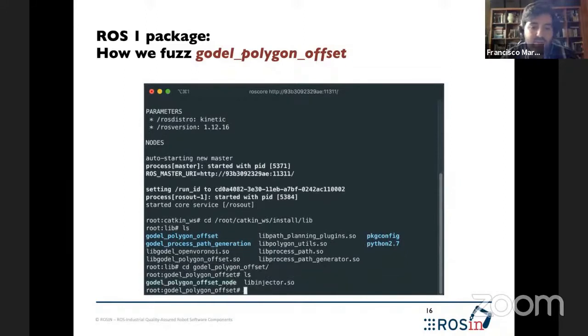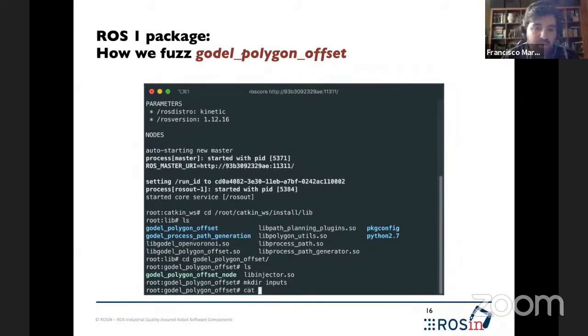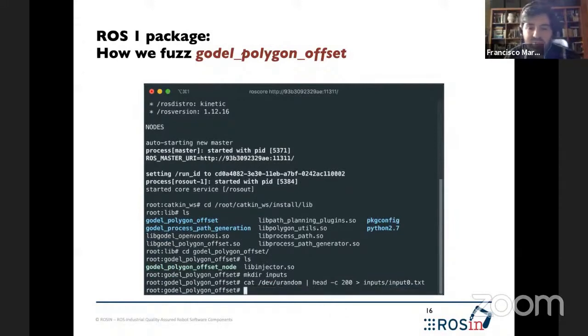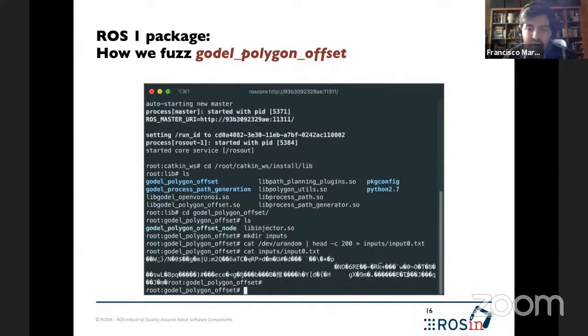So now we are entering, for instance, one of them, which is the codal polygon offset. And as you can see there, we have two files. One of them is the executable, and the other one is our tool, the lib injector, which has been transformed into a system library. Now, in order for the tool to work, we are just creating one folder called inputs, and we are putting there a file called input0 with random data, as you can see there.